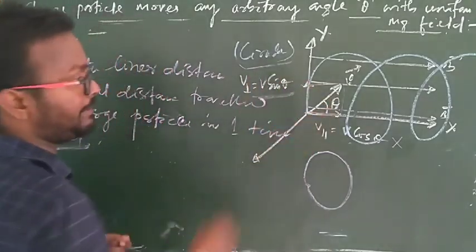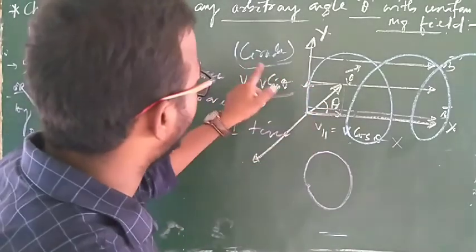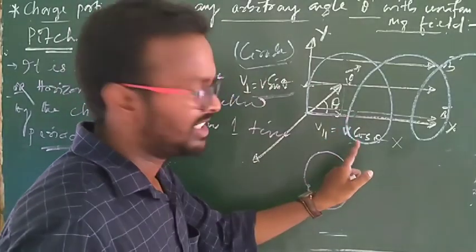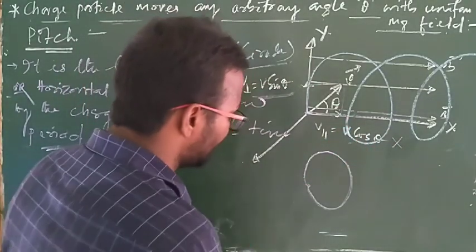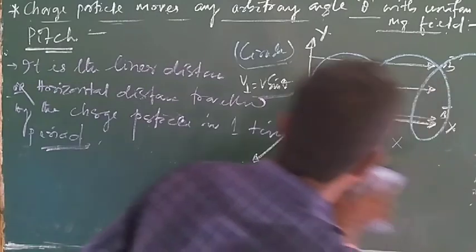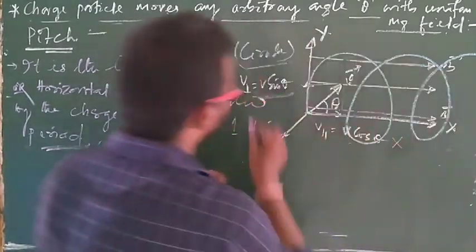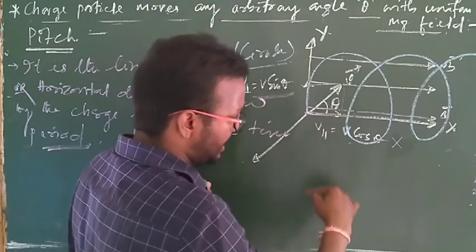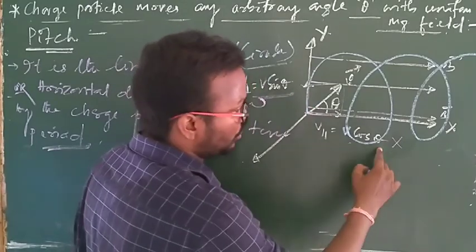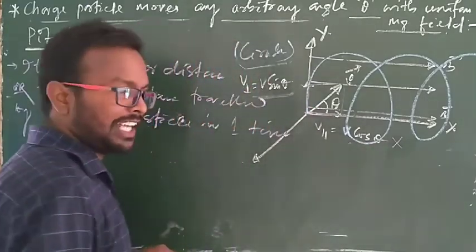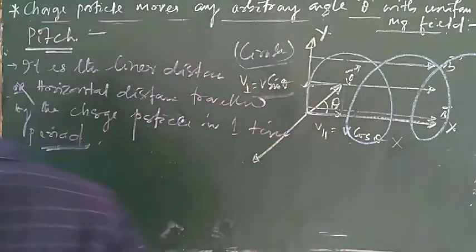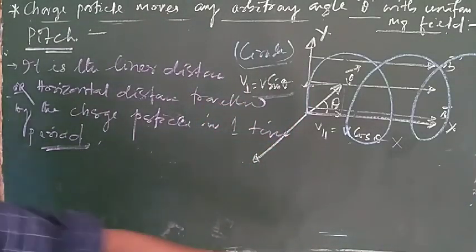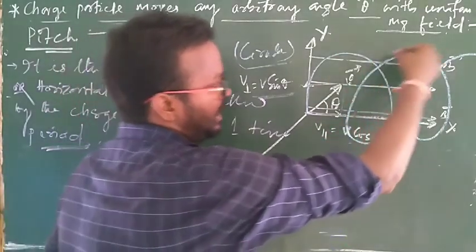But there are two types of paths, circular path and straight line path. Here, due to this perpendicular component, the path of the charged particle is circular, but due to this parallel component, the path of the charged particle is a straight line. So if you combine these paths, the path of the charged particle is a helix.